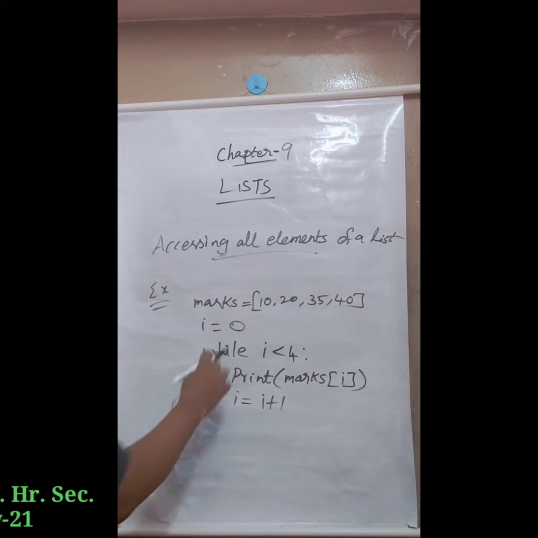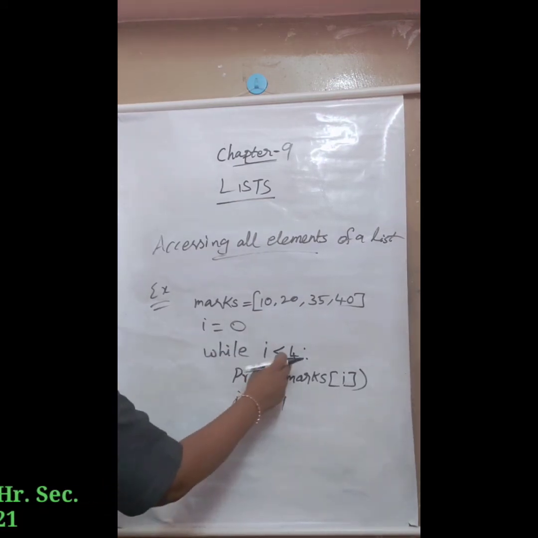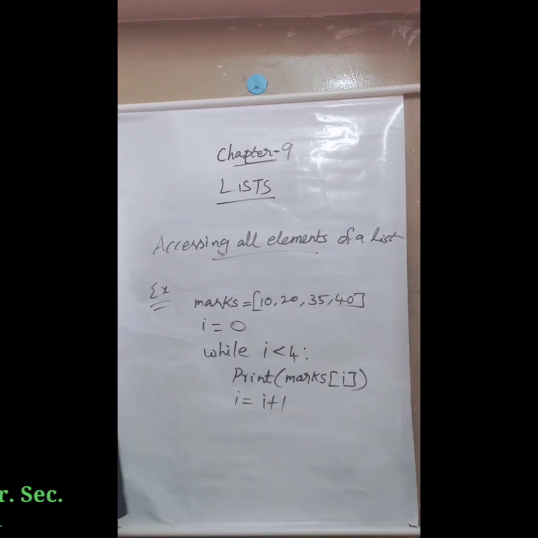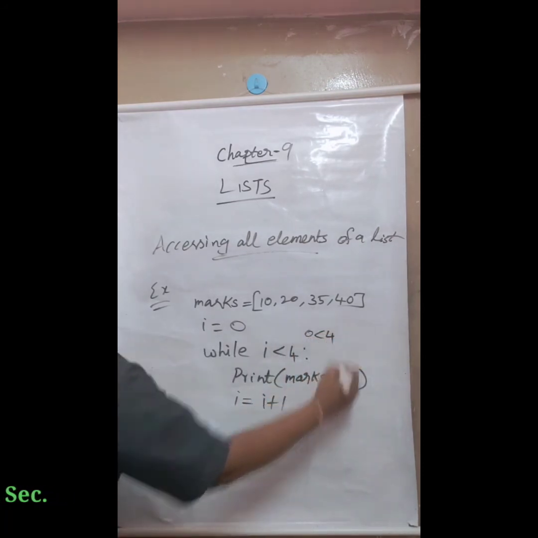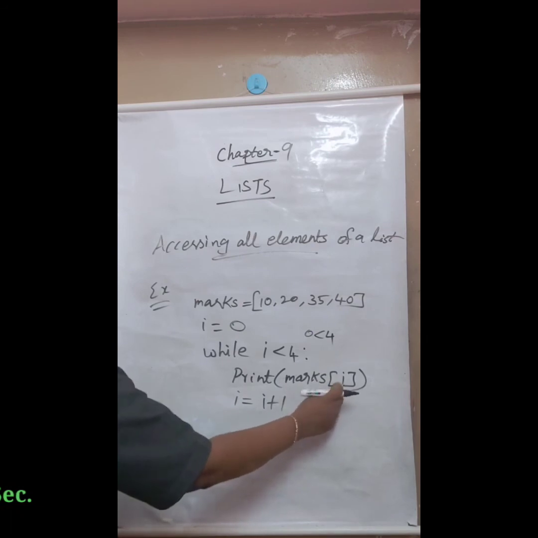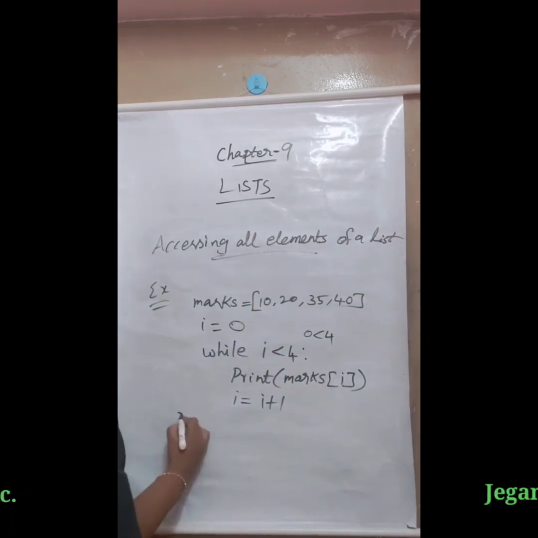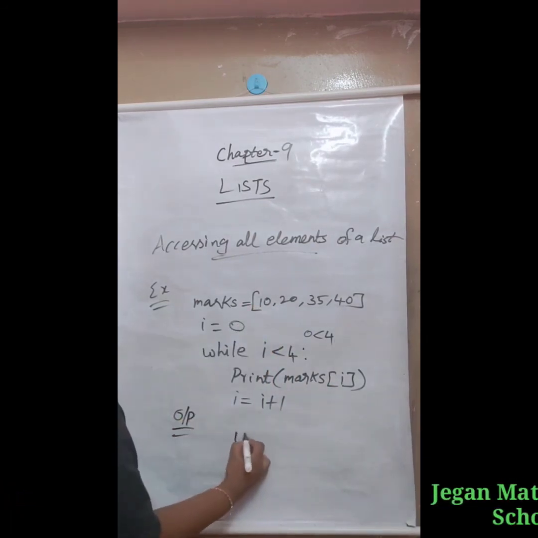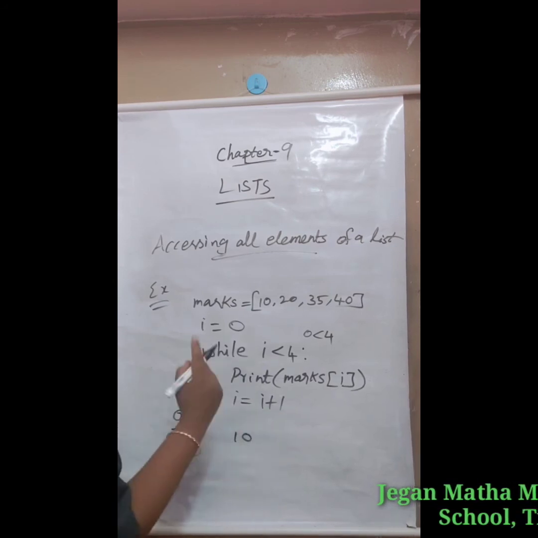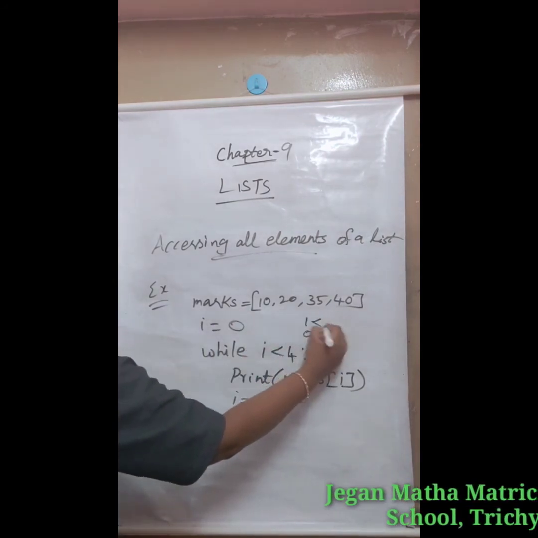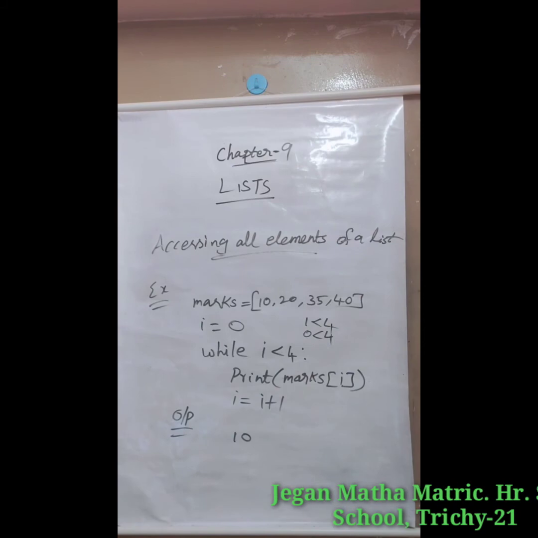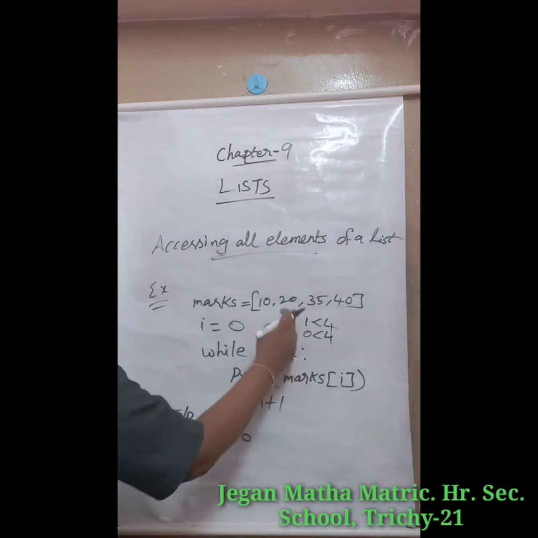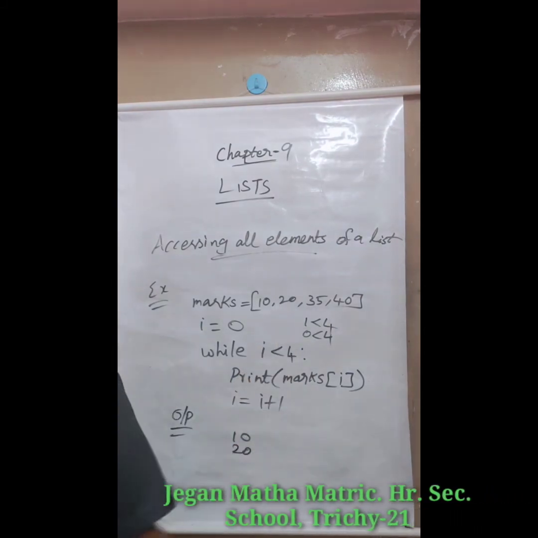Now it starts with the 0 index position. So 0 less than 4, condition true. So it comes here, marks of 0. The value of 0 is 10. Then 0 plus 1, 1. Then 1 less than 4, condition true. So marks of 1, that is 20.